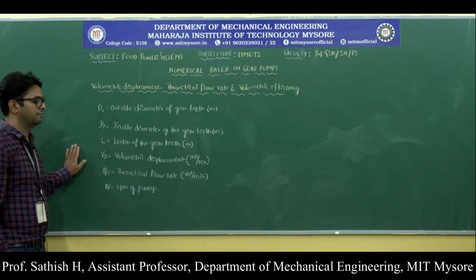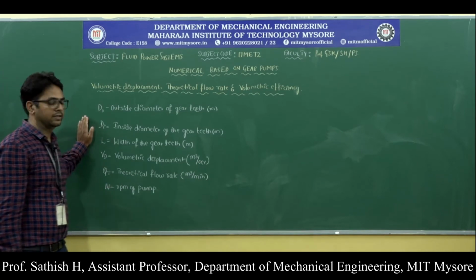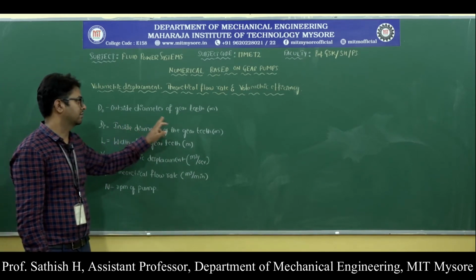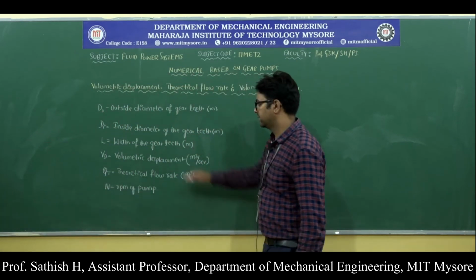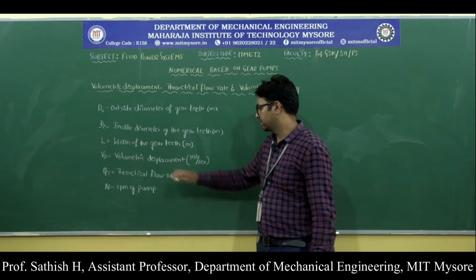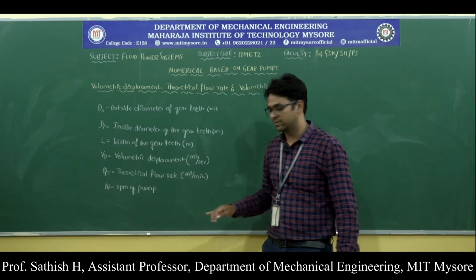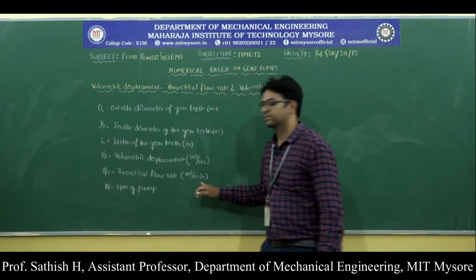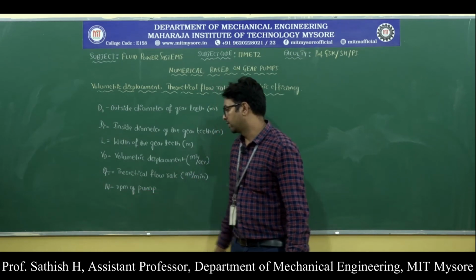So these are the various parameters we need to look at. D naught is the outside diameter of the gear teeth, Di is the inside diameter of the gear teeth, L is the width of the gear teeth, Vd is the volumetric displacement in meter cube per revolution, Qt is the theoretical flow rate in meter cube per minute, and N is the RPM of the pump.